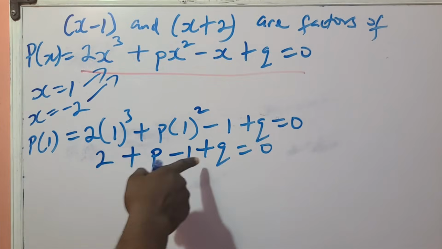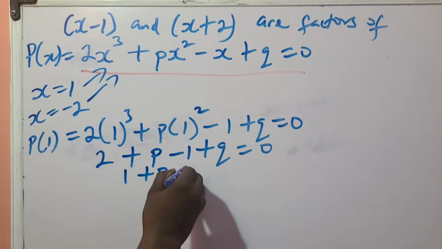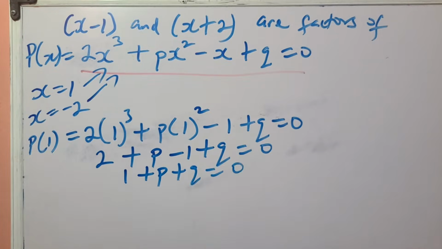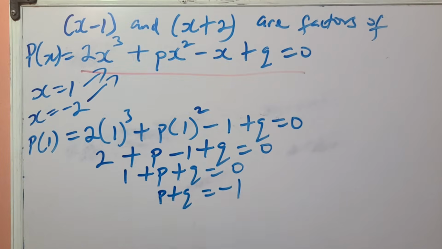This is collecting like terms. This is 2 minus 1. That will be 1 plus p plus q equals to 0. Of course, we want to fix in all the like terms, the variables in one side and fix the constant at the other side. So I will have p plus q equals to minus 1.